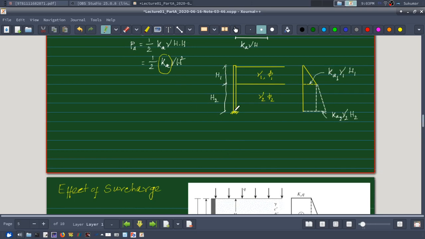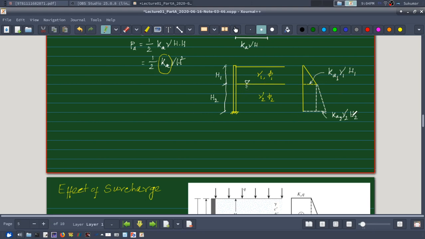And if there is also a groundwater table, say I have groundwater table here, in that case I'll have to use the appropriate saturated unit weight if I want the total earth pressure. If I want the effective earth pressure, I will have to use the submerged unit weight, and in addition to that there will be my water pressure.